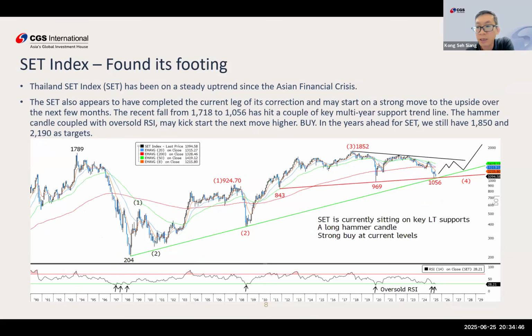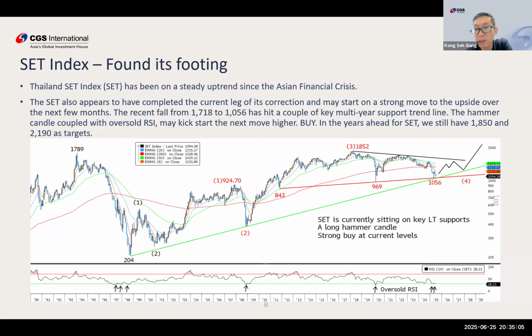So what about Thailand? Thailand has got lots of so-called problems, but you can clearly see that it's just been in consolidation since 2018. The sell-off from the 2022 high actually fell to a long-term support.